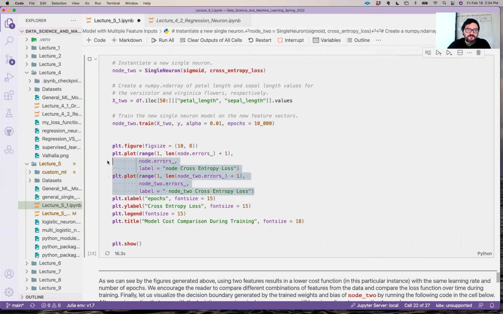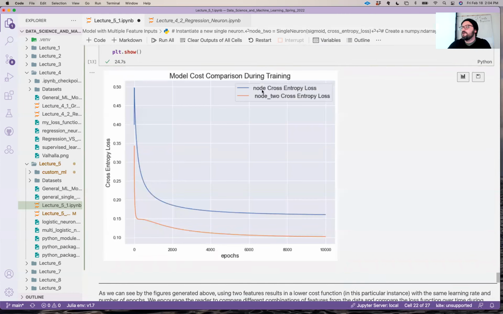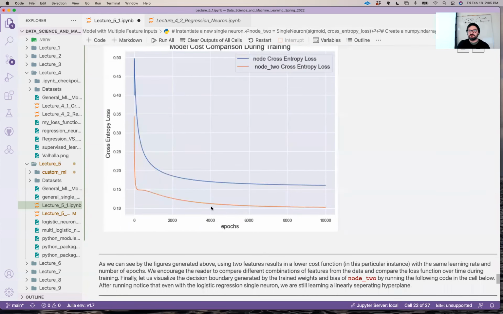It's going to take a second to train. While that's training, you can see here what's going on. They train for the same number of epochs, node 1 and node 2. I'm plotting the node 1 cross entropy loss, and then node 2. Node 2 was taking in 2 features. Notice the loss for node 2. It's lower.